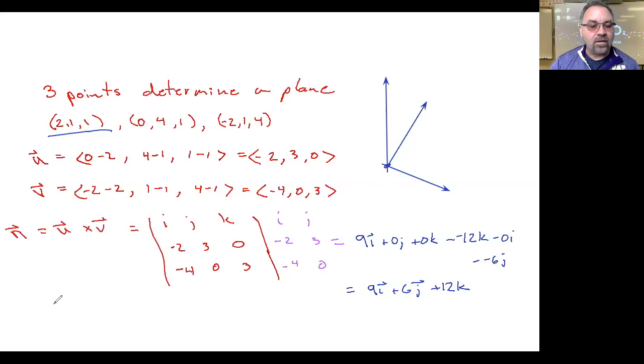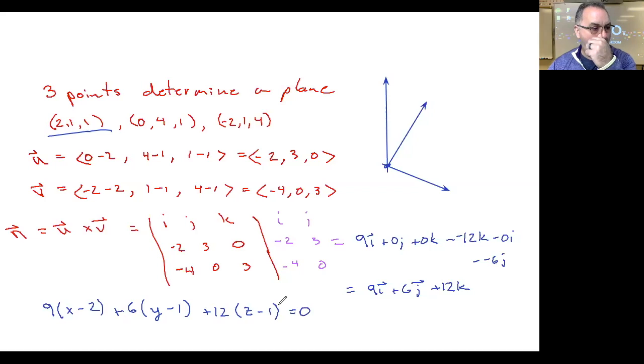All right, well, I'm right at the bottom here. 9 times x minus x1, which is 2, plus 6 times y minus y1, which is 1, plus 12 times z minus z1, which is also 1, equals 0. And we'll just distribute them out, I guess.